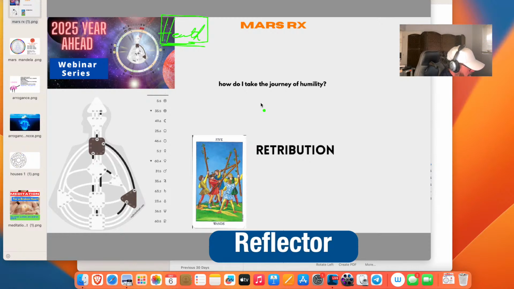What do the reflectors have to know? Oh, interesting. So you got the reflectors, or the other types too.